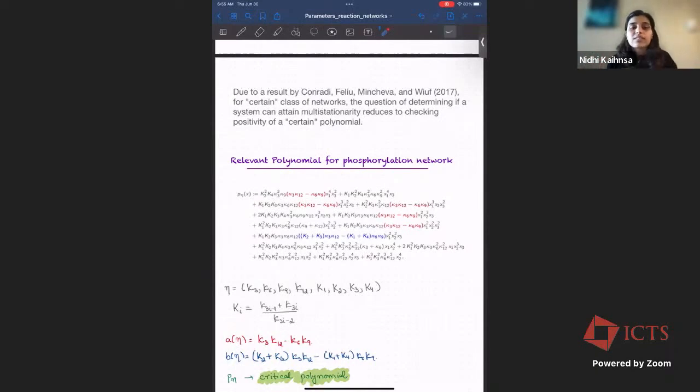If for some parameter values this polynomial is positive for all positive x1, x2, and x3, then we do not have multistationarity. But if there exists some point x1, x2, x3 where this polynomial takes a negative value, then we have multistationarity for that set of parameters.